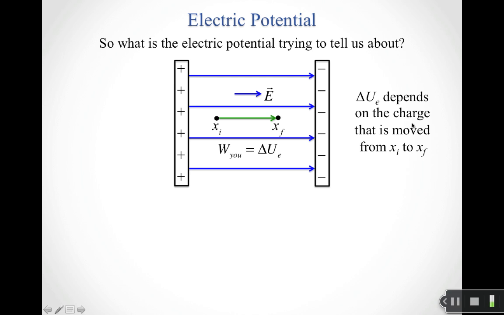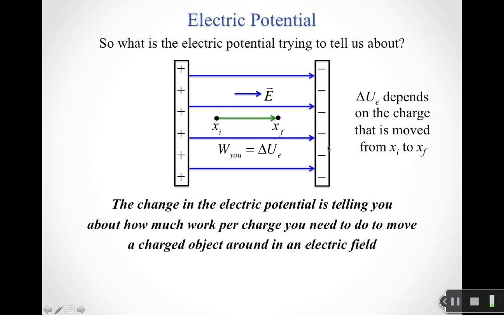And all we're trying to say with the electric potential is that I don't want that charge to matter. So the change in the electric potential is telling me how much work per charge I need to do to move a charged object around an electric field. So again, it's telling me about just the field and how I'm choosing to move around that field.